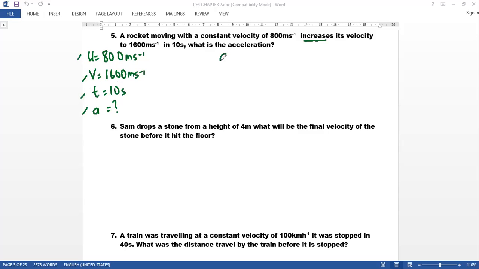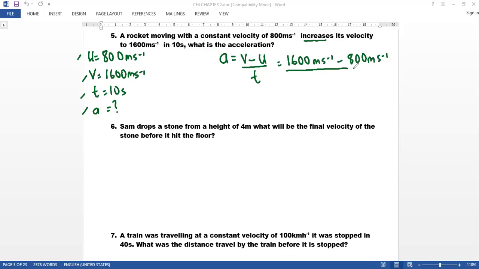VATU means the formula was what? A equals to V minus U per T. So you just use a direct formula. A equals to V minus U per T. So V here is 1,600 meter per second. Initial velocity 800 meter per second.